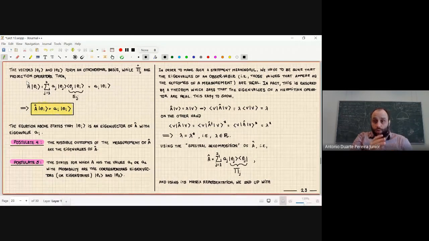And we also saw that these vectors E1 and E2 form an orthonormal basis. So they are orthogonal if you take the scalar product between E1 and E2, and they are 1 if you take the scalar product between E1, E1 and E2, E2.